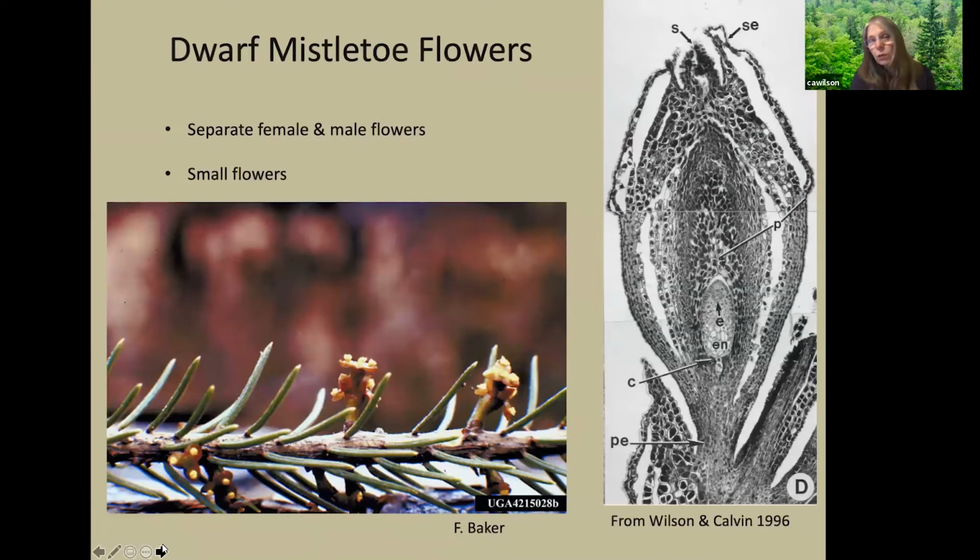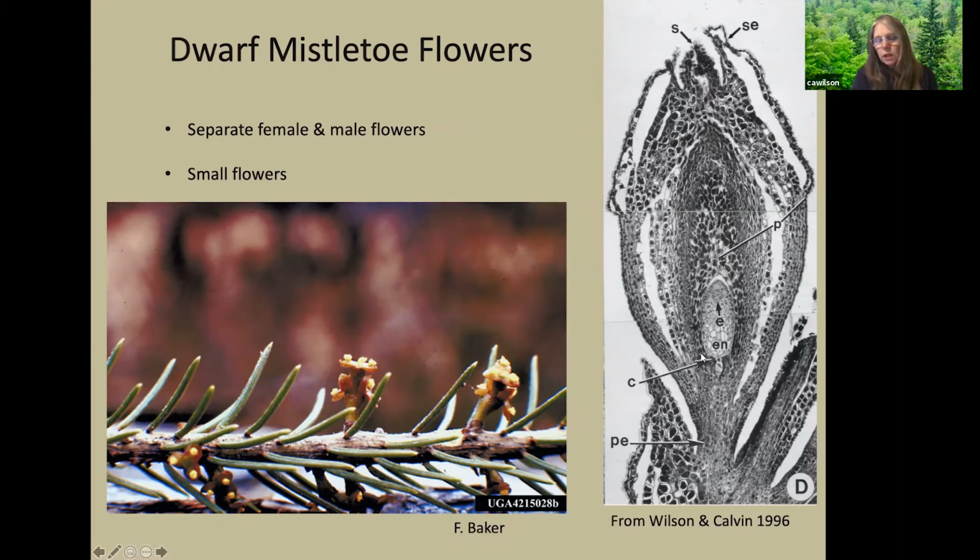And then the flower of the dwarf mistletoe is really also reduced. So here is a male flower, and you can see it has 3 parts, or 3 stamens anyway, on this very small plant. They have separate female and male flowers, and they're all really quite small.